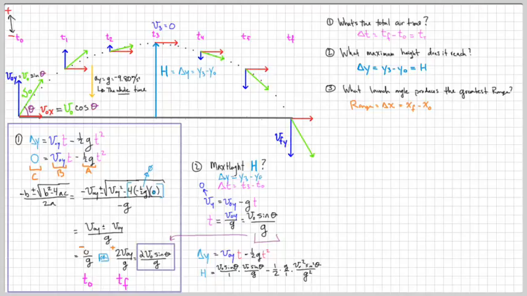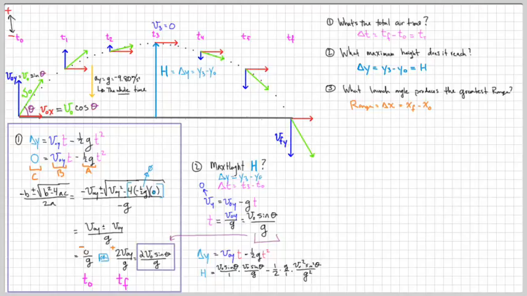That's some value that then I'm going to say minus 1/2 g t squared, so I have 1/2 times g over 1, again just to keep track of my upstairs and downstairs portions of my fractions, times t squared. If I square the time I just found, I get v naught squared sine squared theta over g squared.